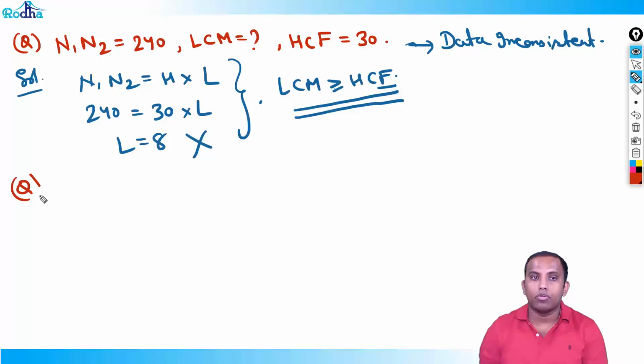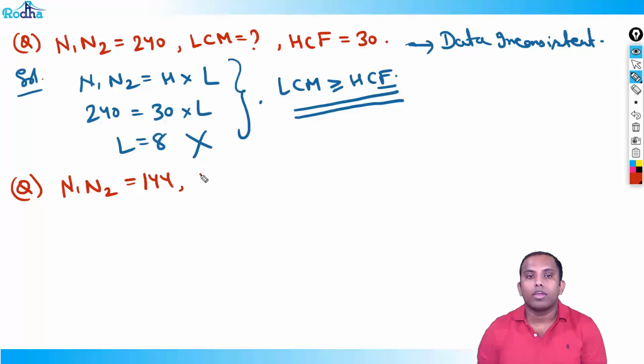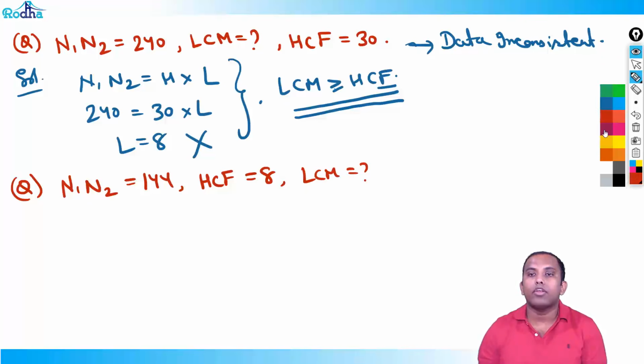One more question. Now, n1 into n2 is given as 144, and their HCF is 8. What is their LCM? You should be careful with this kind of question.